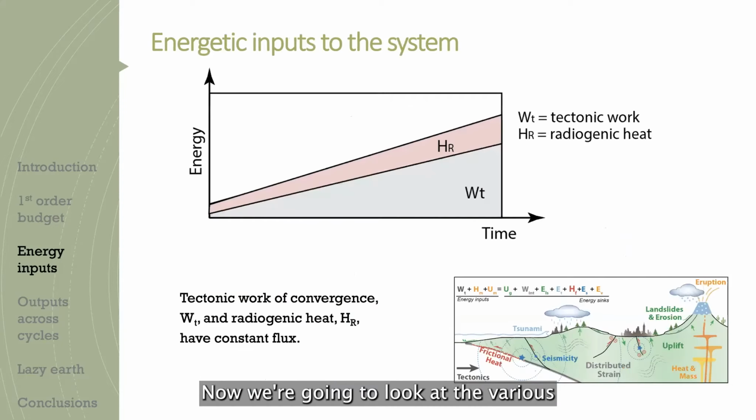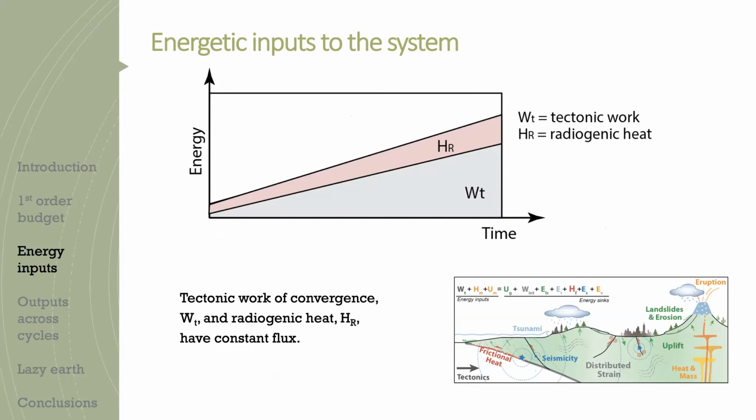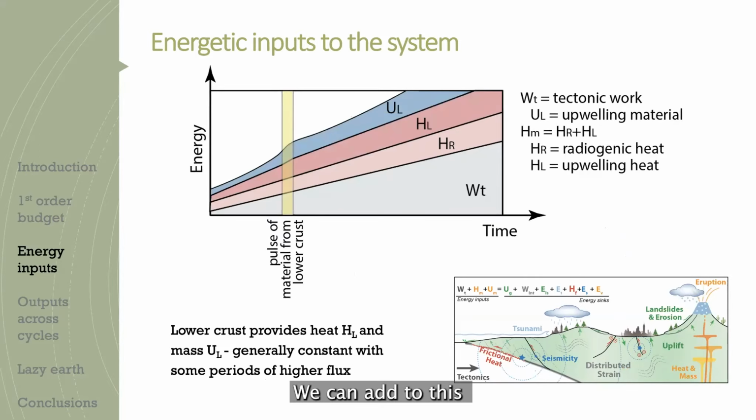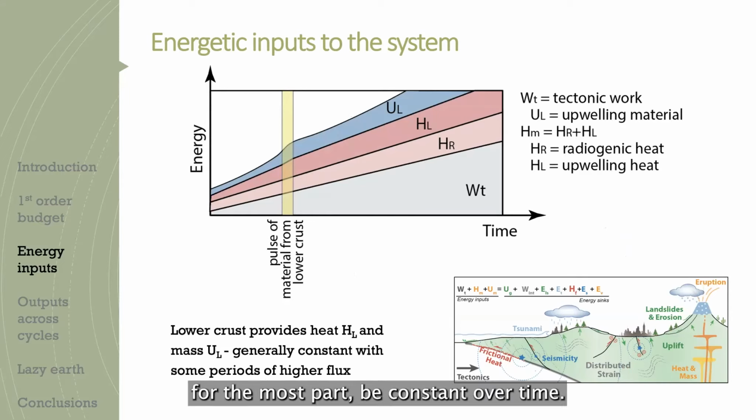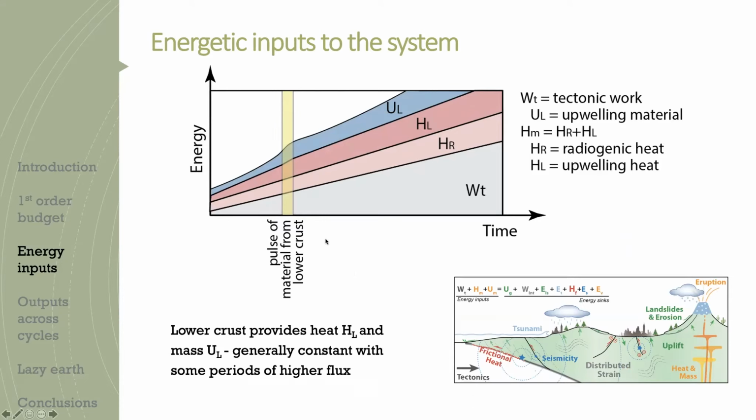All right, now we're going to look at the various inputs to the system over time. The first two, tectonic work and radiogenic heat, can be considered relatively constant during the period of orogenesis. We can add to this the upwelling of material from the lower crust, which provides buoyancy and heat that might, for the most part, be constant over time, but there may be some pulses of duration that have greater flux.